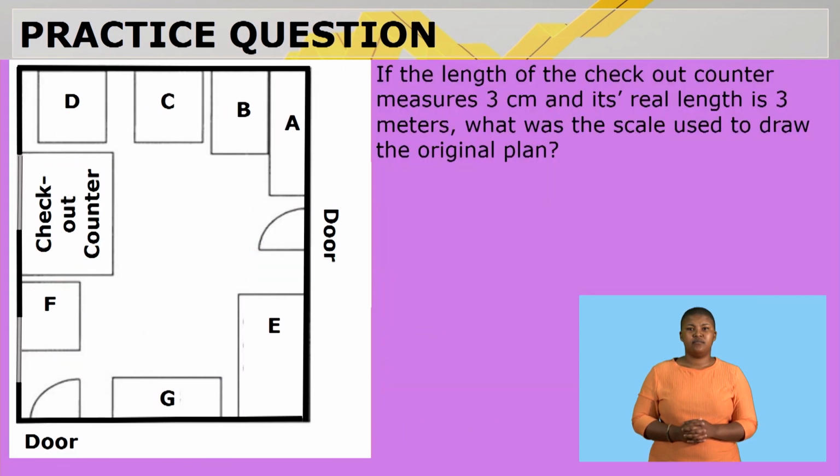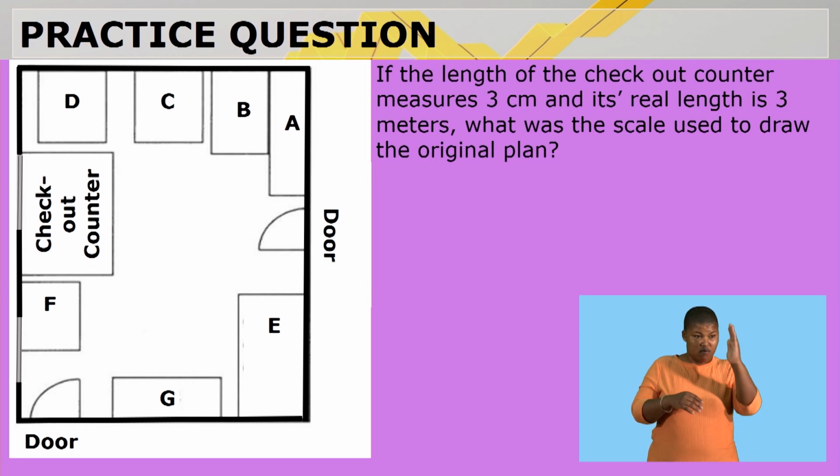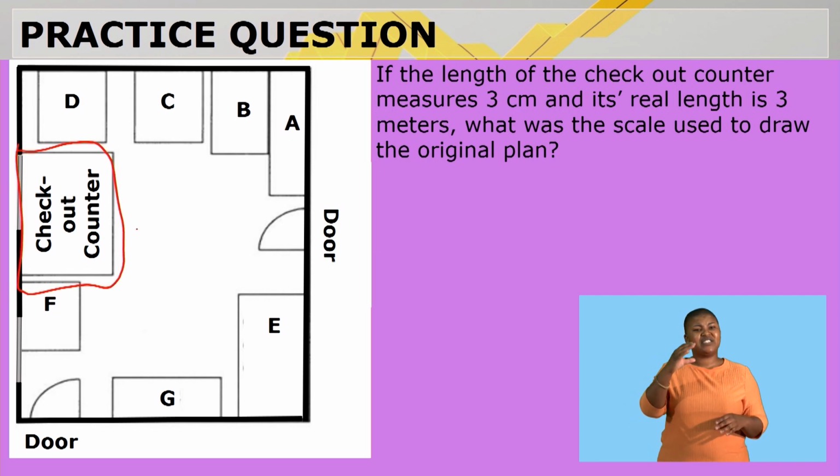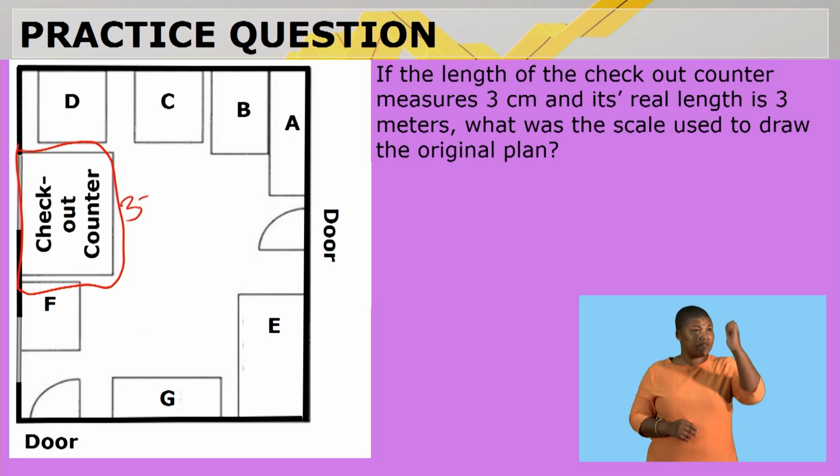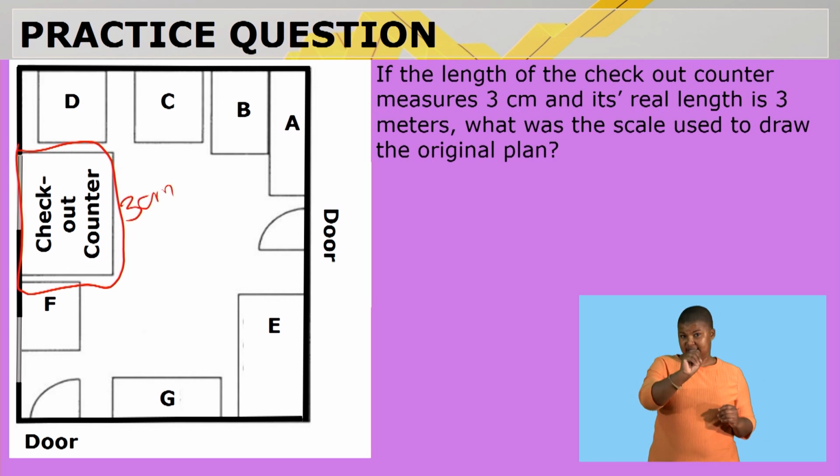If the length of the checkout counter measures 3 centimeters and its length is 3 meters, what was the scale used to draw the original plan? So the checkout counter, if we measure the length, we get 3 centimeters, and in real life it is 3 meters.